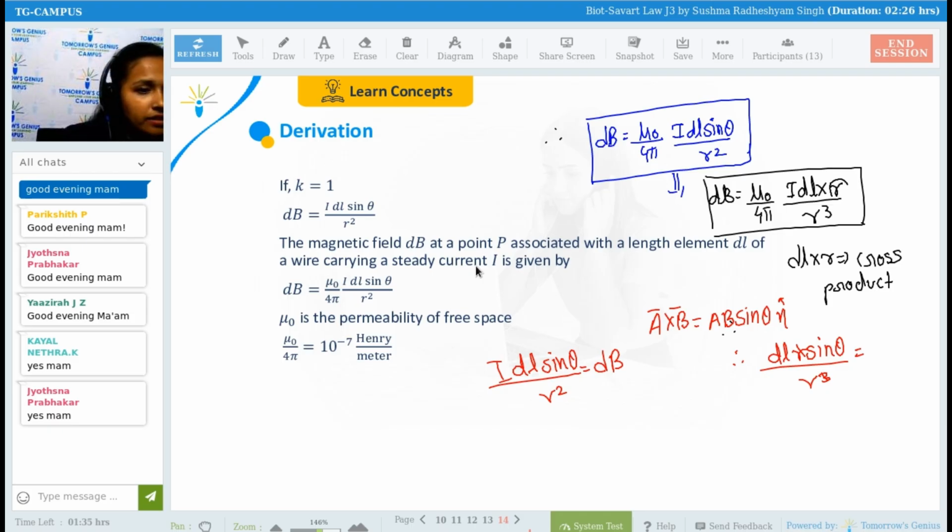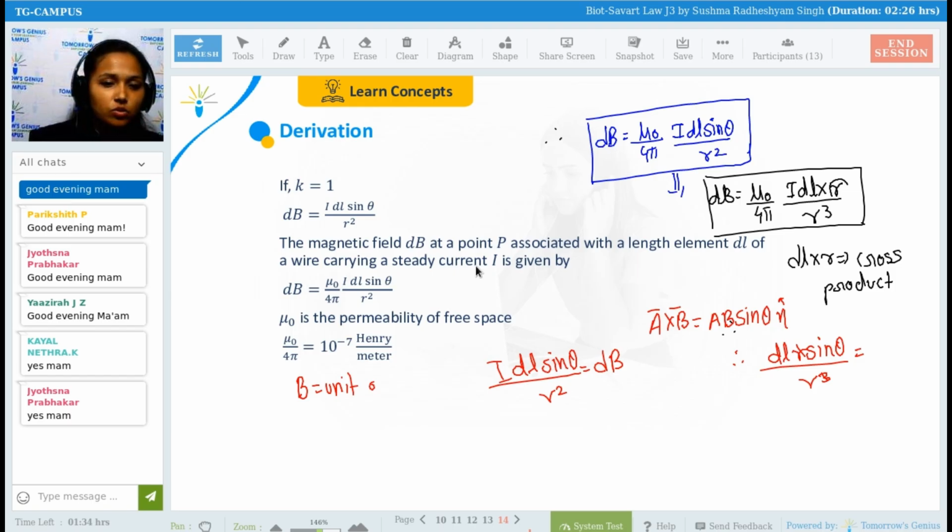Okay. So can anyone tell me what is the unit of magnetic field? Hello. What is the unit of magnetic field? Tesla. Very good. Some other units also exist, like Gauss. Okay, Tesla.